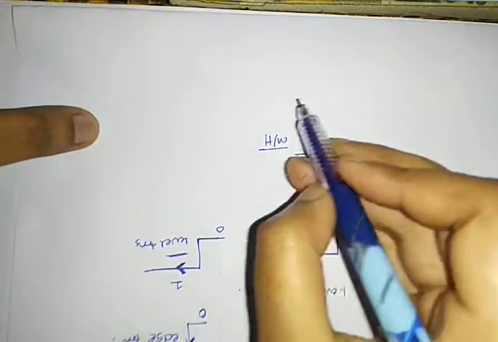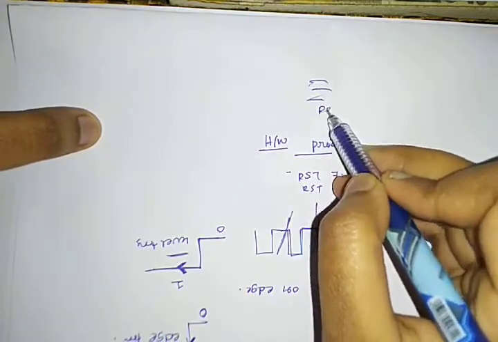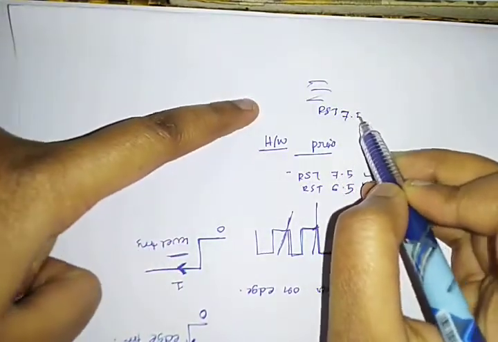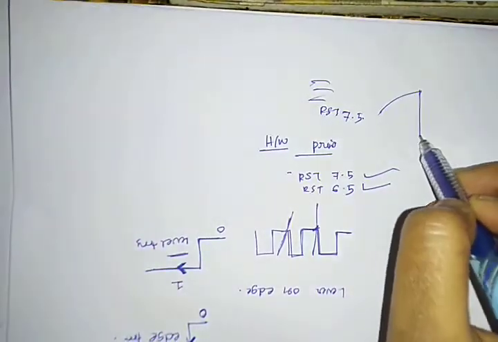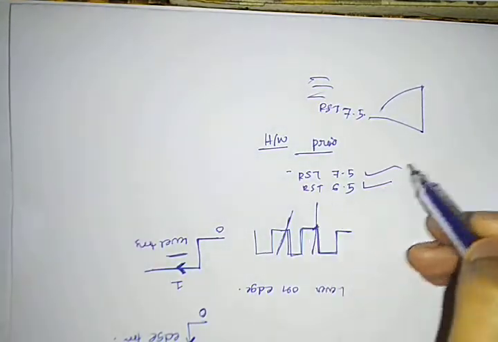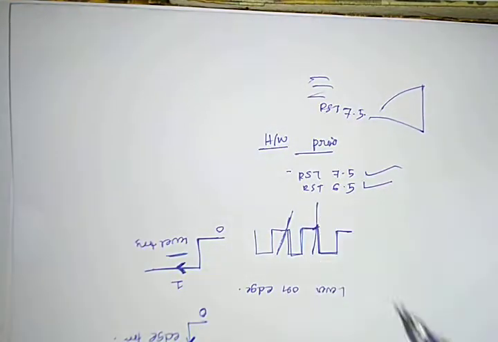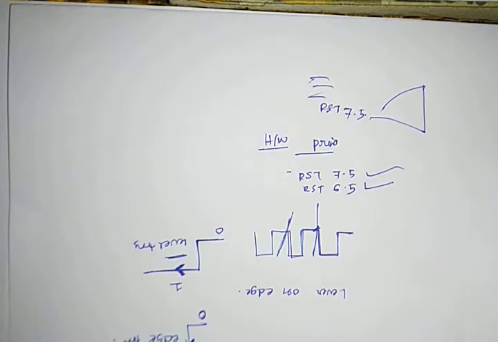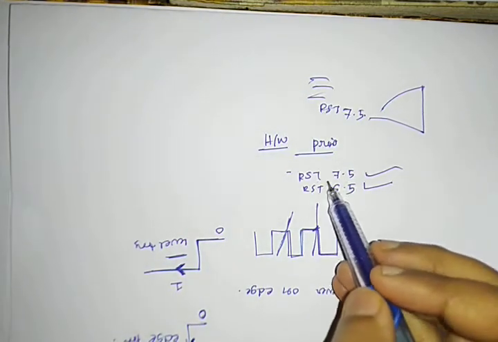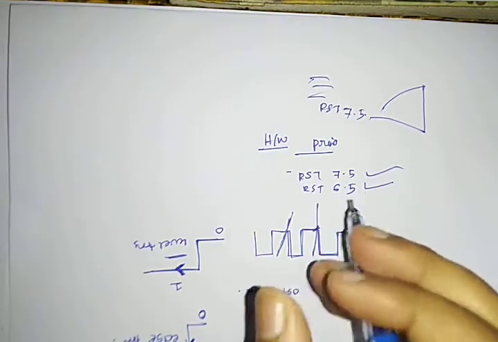So suppose this was my program, RST 7.5. The microprocessor gets its address, goes to perform this, and gets back. In between, I have to store that in 6.5 there was some signal also.